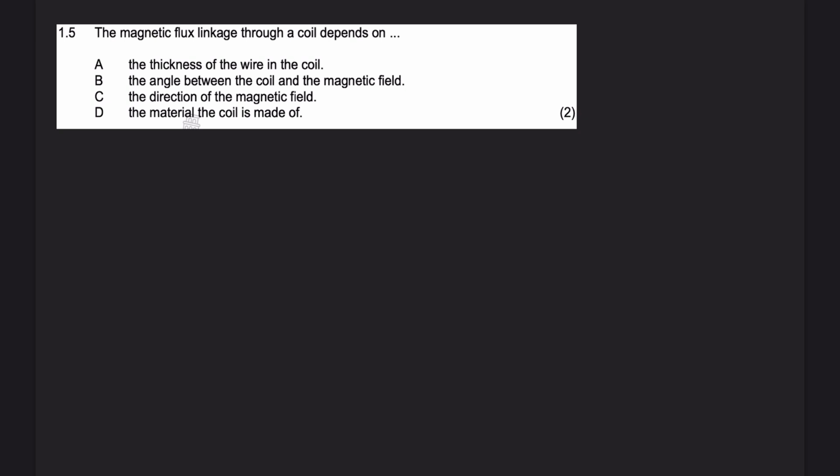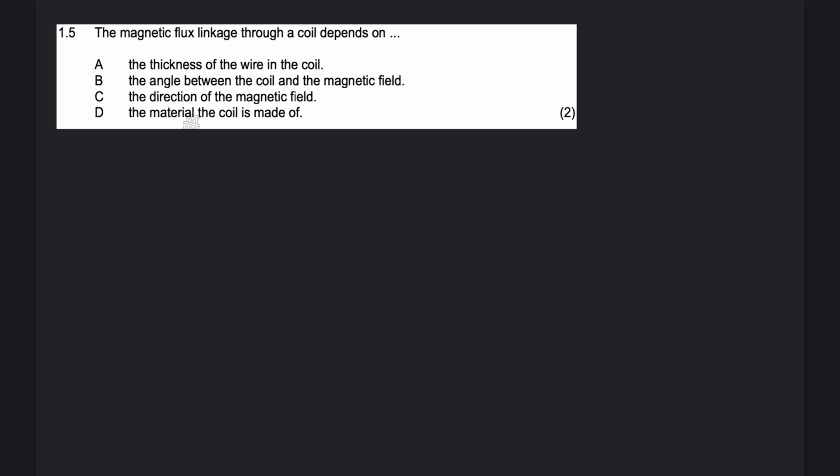The magnetic flux linkage through a coil depends on: A, the thickness of the wire; B, the angle between the coil and the magnetic field; C, the direction of the magnetic field; or D, the material the coil is made of. So this is pretty much a theory question, but you could also do it if you know how to interpret the formula.